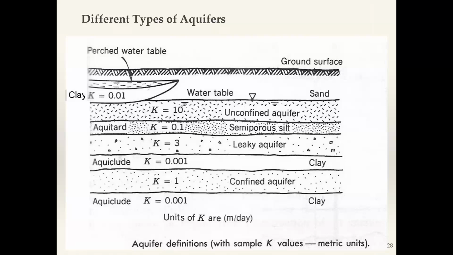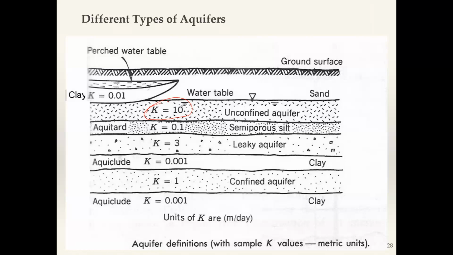So you need to have some idea about these values. For example, if it is an alluvial aquifer, we can say the hydraulic conductivity is approximately 10 meter per day. It can change from like 1 to 100, right? But in general, you can say it is in a range of like 10 meter per day.